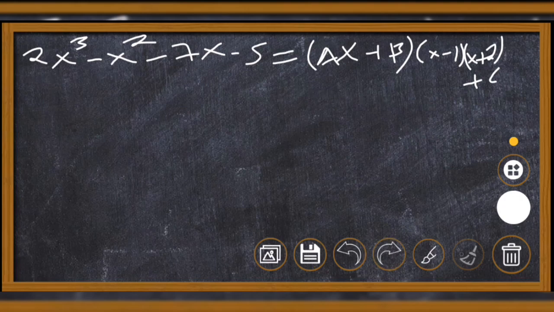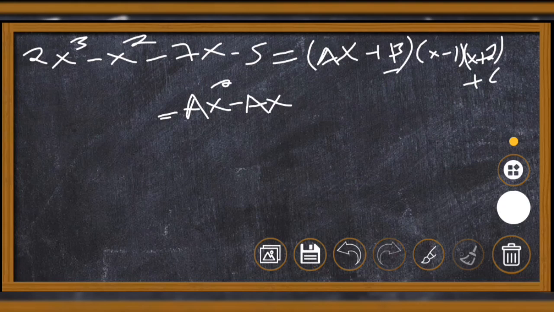So in this case, we are going to have ax multiplied by x, we are going to have ax^2, because x multiplied by x is x^2. Then the same ax multiplied by negative 1, we're going to have negative ax. And then we jump to b.